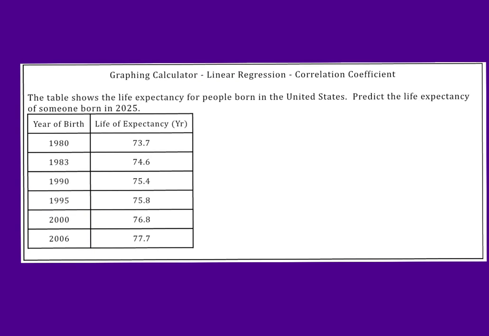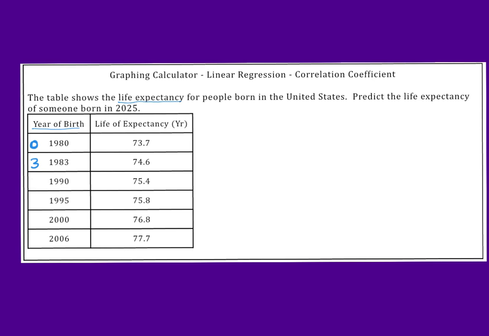All right, so our next example is looking at life expectancy based on the year that you were born. So, similar idea, if we're dealing with these years, our first year could be 0. And then this would be how many years after the first year.